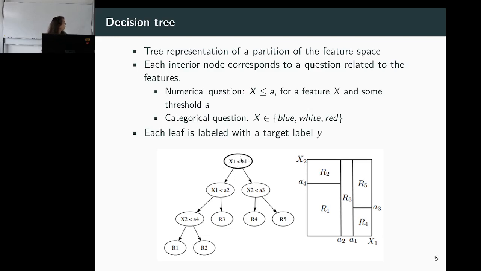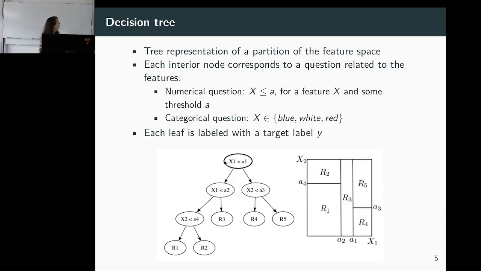Each of those interior nodes in a decision tree corresponds to a question. We can basically ask any question, for example, related to features. So first we need to choose on which feature we are asking the question, and then we need to decide on the threshold.